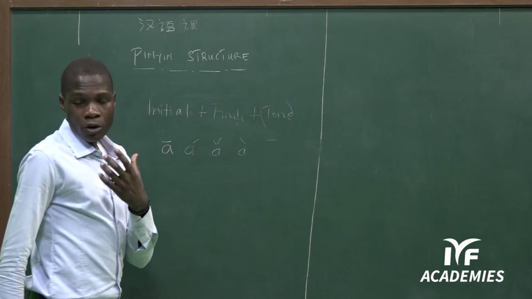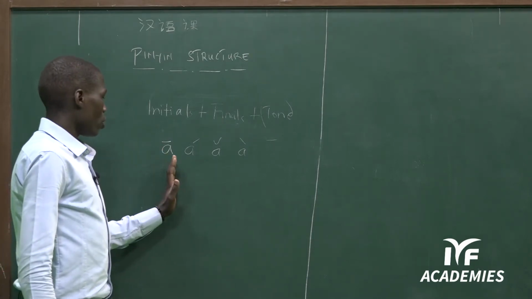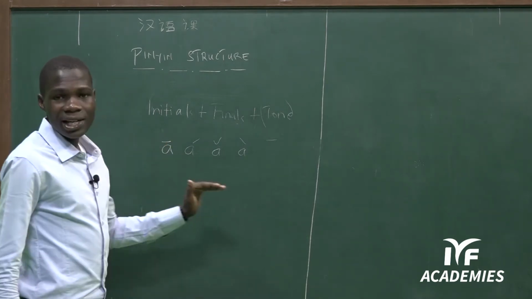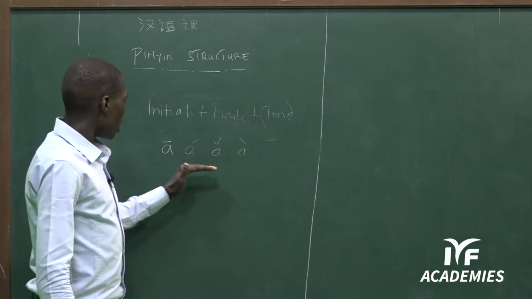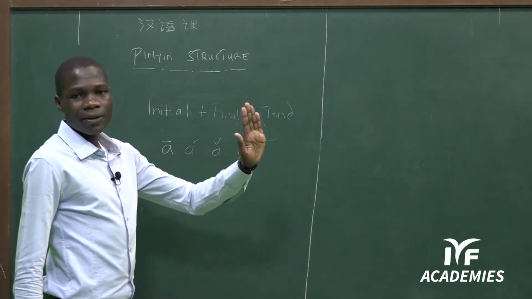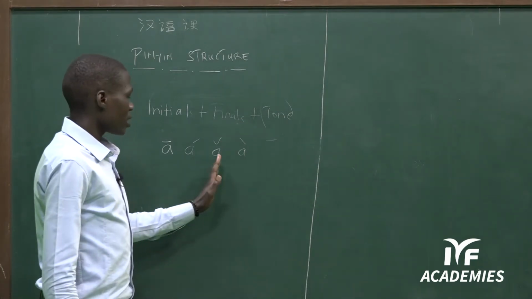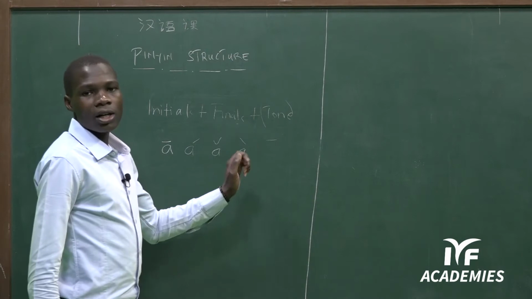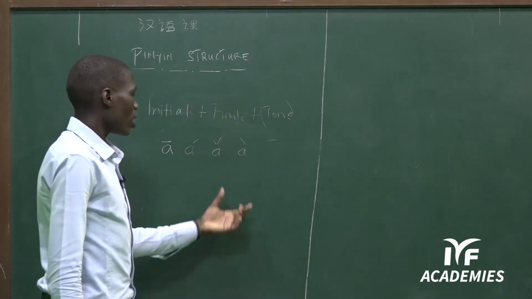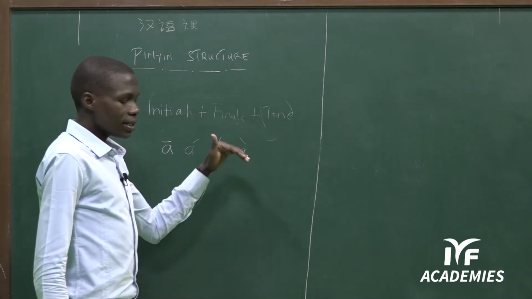From my pronunciation, you can see there is a flow of these tones, because the first one is just flat. Then the second one is ascending. Then the third one is like descending, then ascending. Then we have the last one, which only descends once.